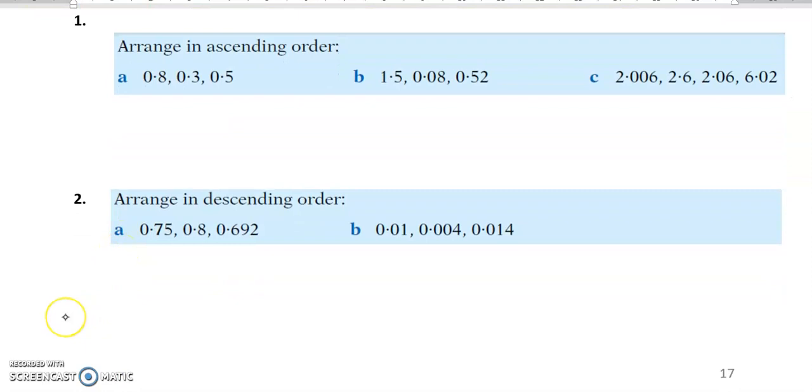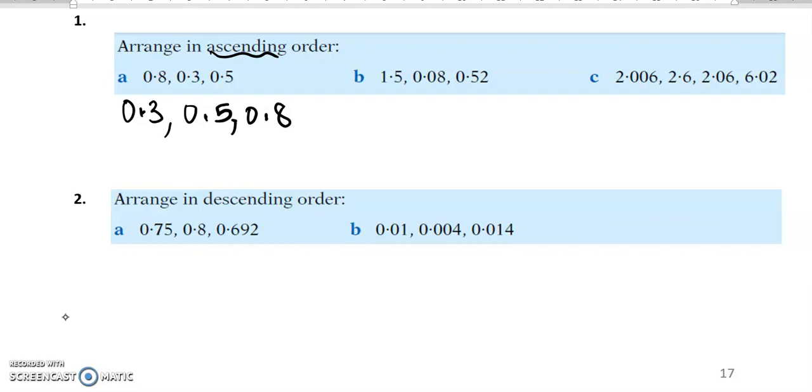In the first one, I've got 0.8, 0.3, and 0.5. So ascending means I'm going from lowest to highest. So my lowest here would be 0.3, then half, then 0.8, because remember 1 would be after 0.9.